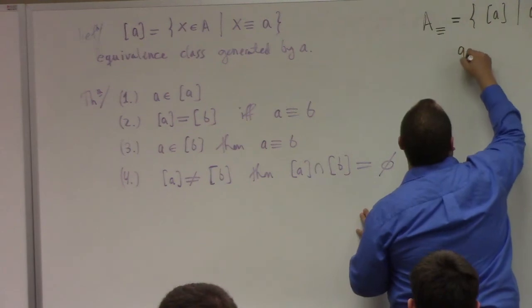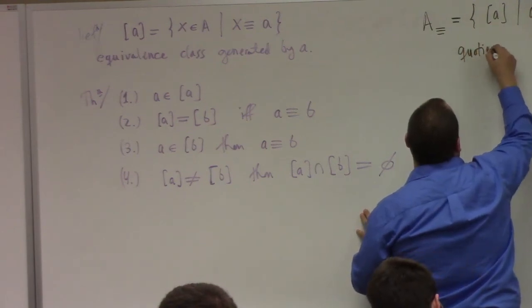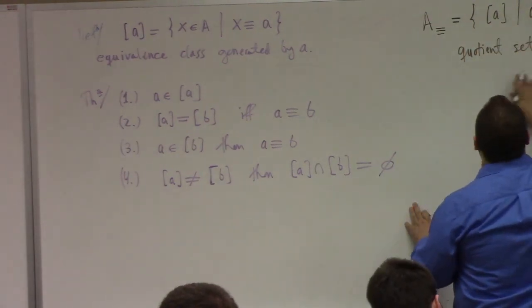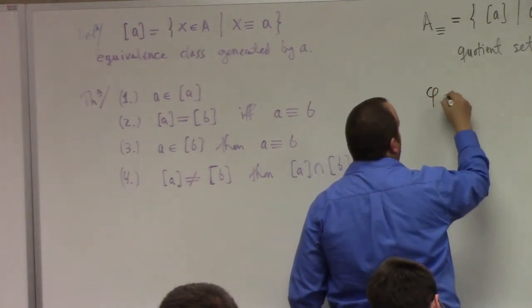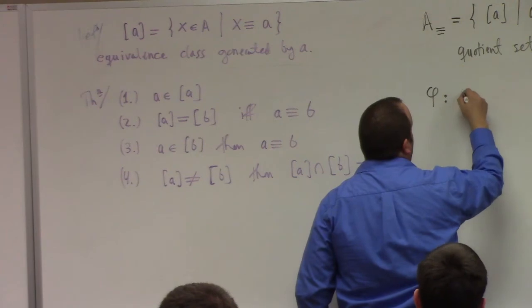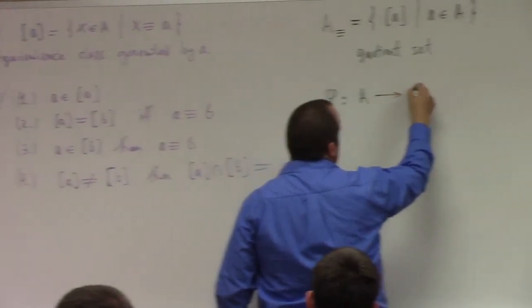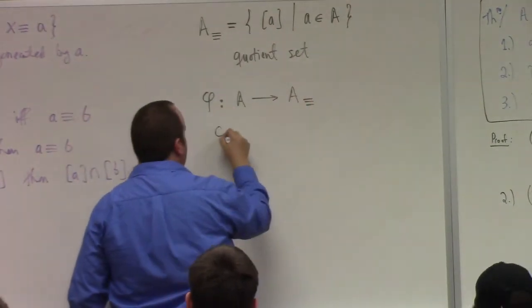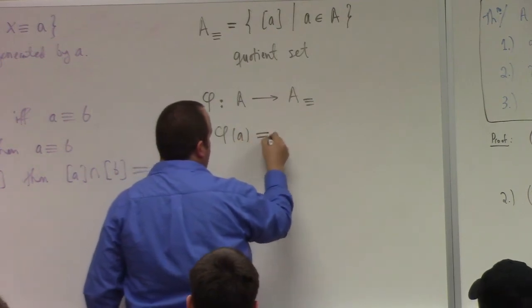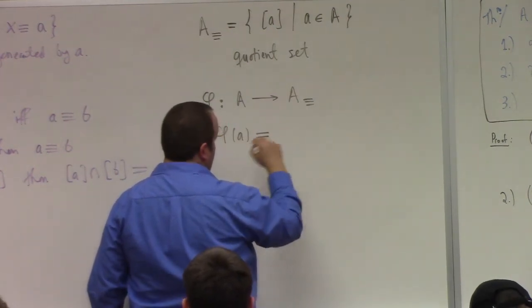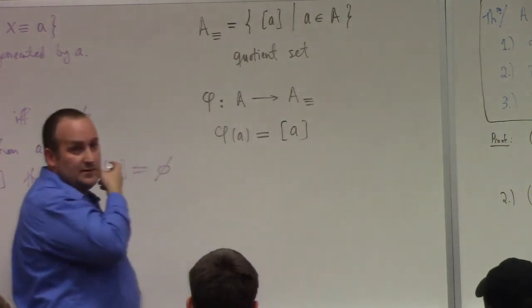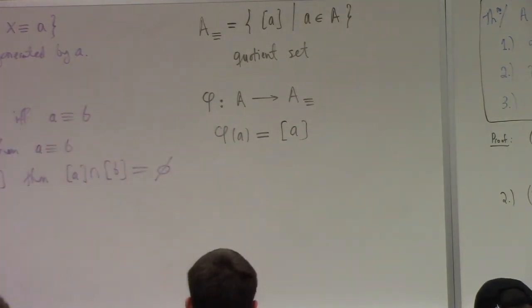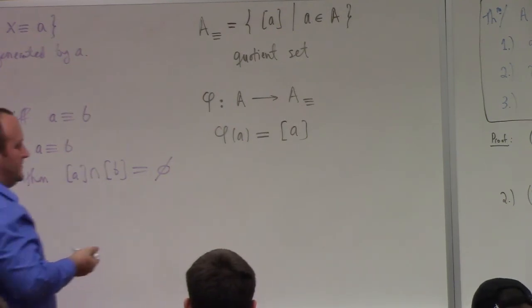So this is the so-called quotient set. And he explains that if we look at phi going from A to the quotient set, defined by phi of A equal to the equivalence class generated by A, then this mapping I just wrote is the so-called natural map.